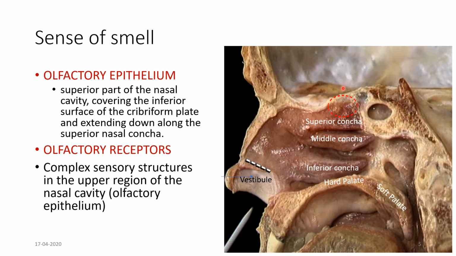So this is the olfactory epithelium seen in the roof of the nasal cavity underneath the cribriform plate of ethmoid bone and extending onto the superior nasal concha. Then the next one is the olfactory receptors. These olfactory receptors are complex sensory structures that are present in the olfactory epithelium in relation with the roof of the nasal cavity.